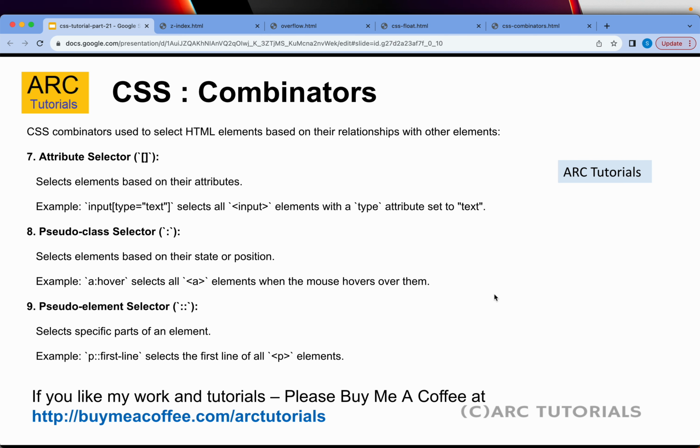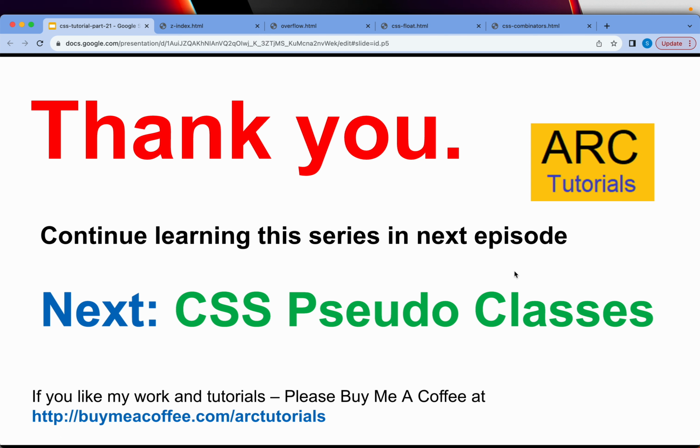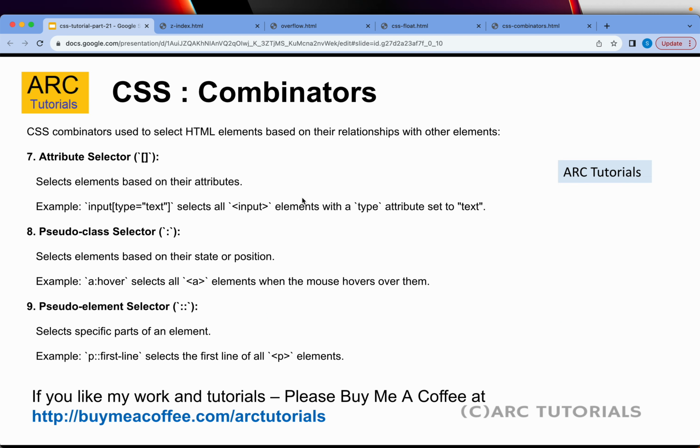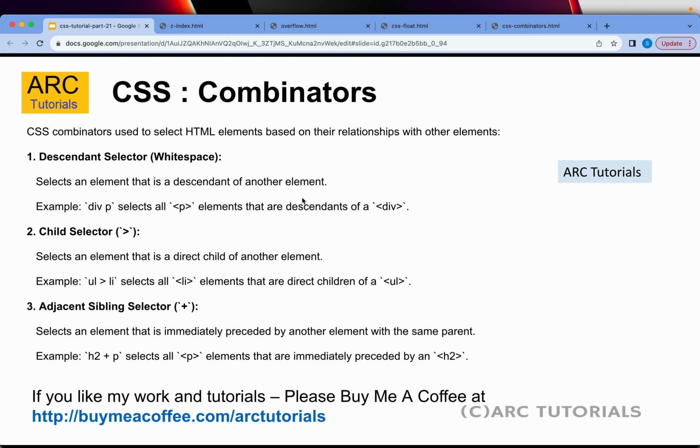Pseudo element selector is nothing but selects specific parts of the element. I don't want to make it too lengthy for you to get complicated, but that being said, please do revise. These are extremely important. These are extremely fundamental for you to work as a UI developer.